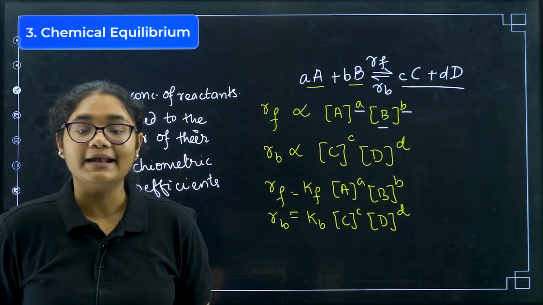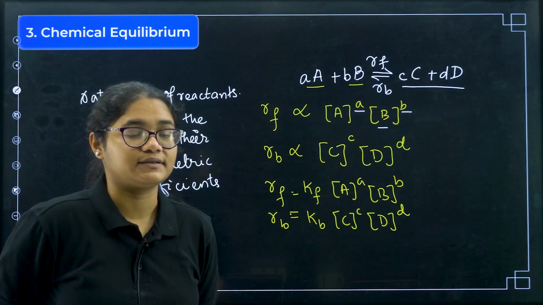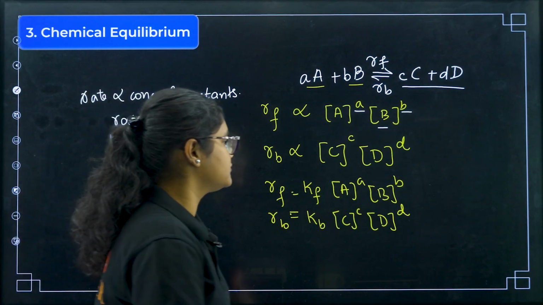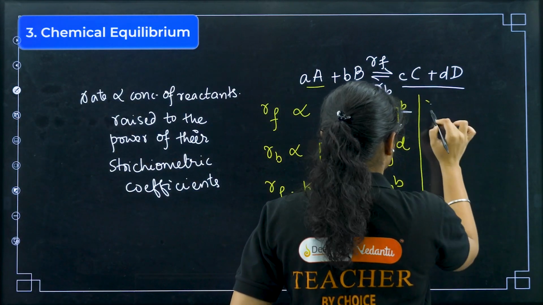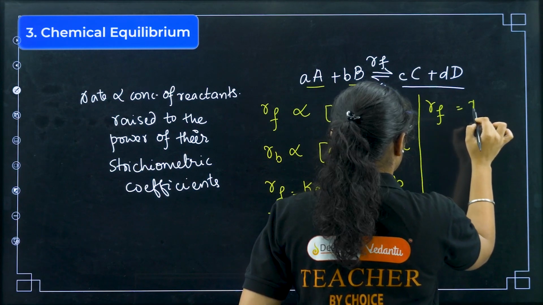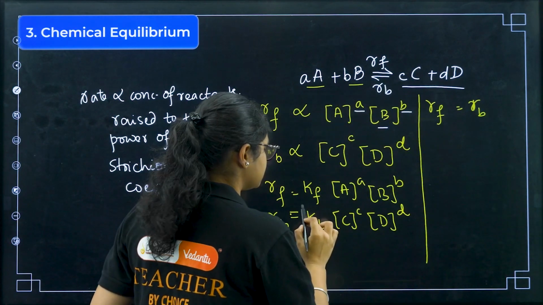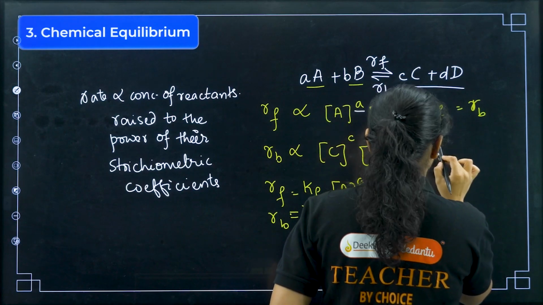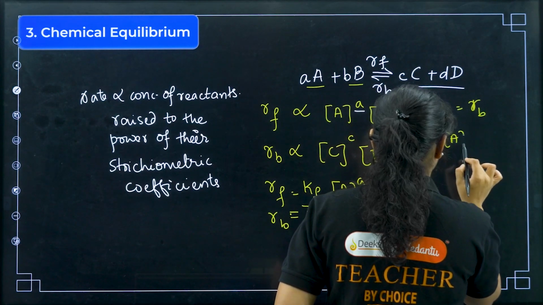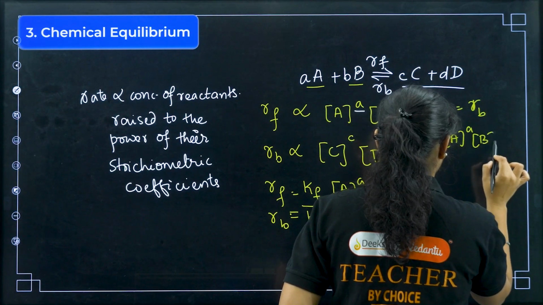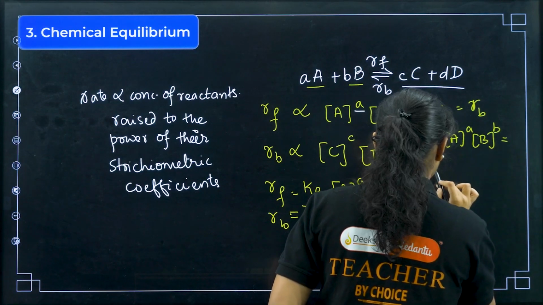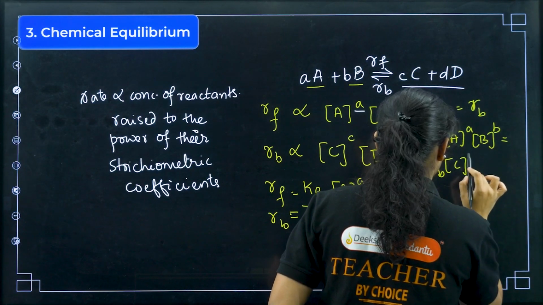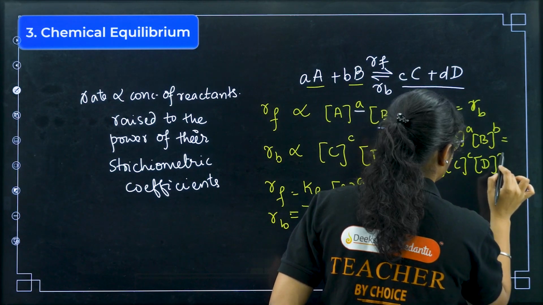Now we know that at equilibrium the rate of forward reaction is equal to the rate of backward reaction. That means I can say this one is equal to this one. So I can write Kf times [A]^a [B]^b is equal to Kb times [C]^c [D]^d.